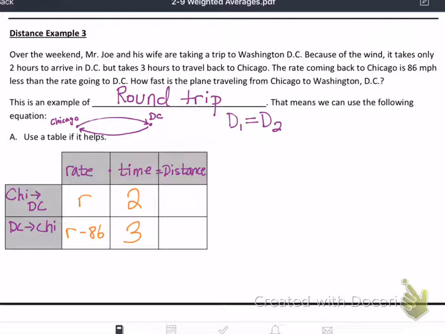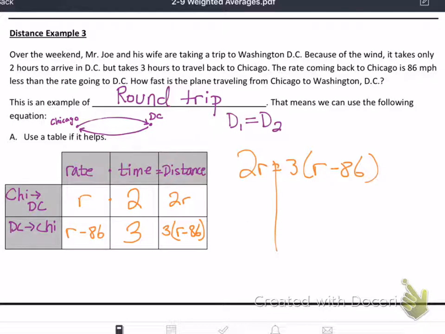And so rate times time gives me 2R from Chicago to DC, and from DC back to Chicago gives me 3 times R minus 86. And so distance 1 is equal to distance 2, meaning 2R is equal to 3 times R minus 86.